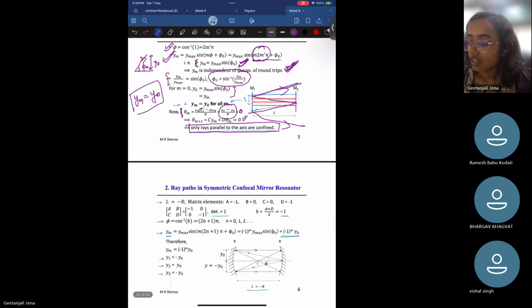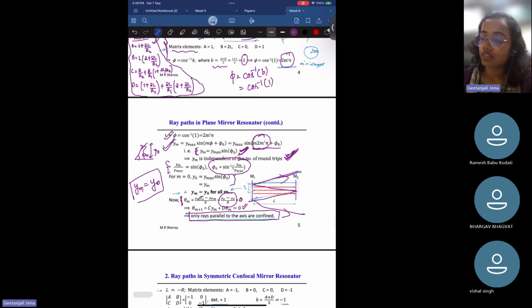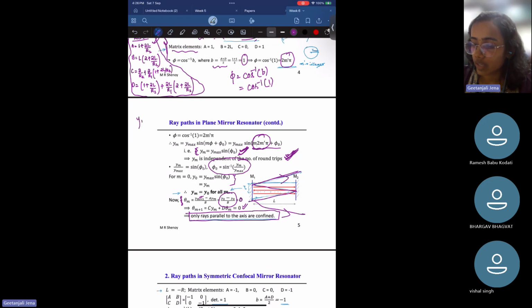So what you have to remember is this relation: y m is y max sine of m phi plus phi 0.